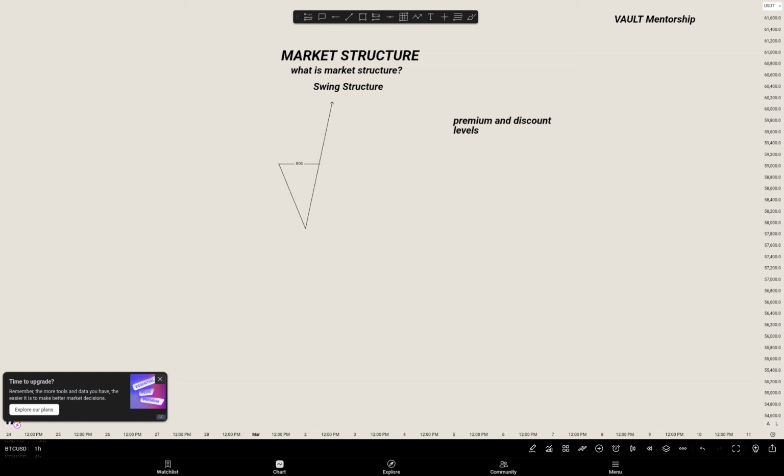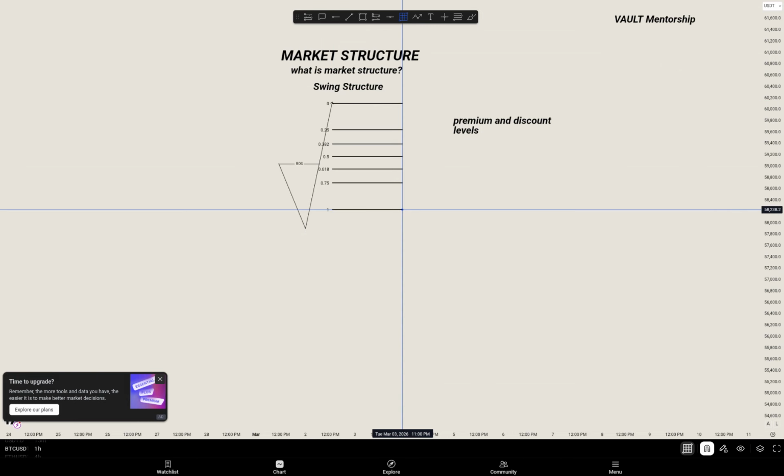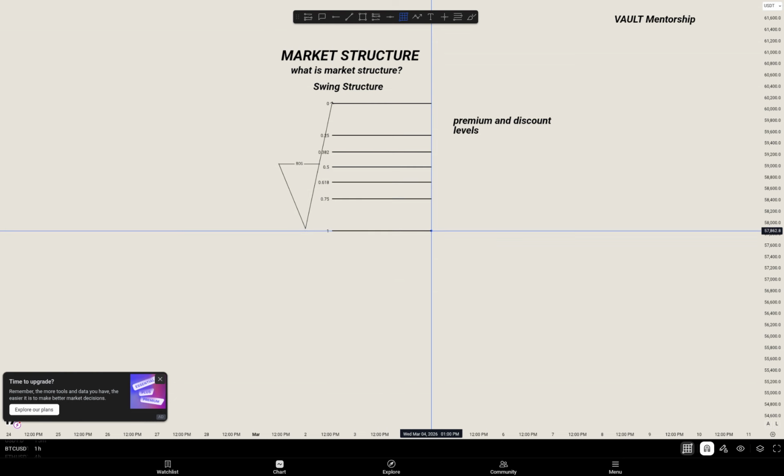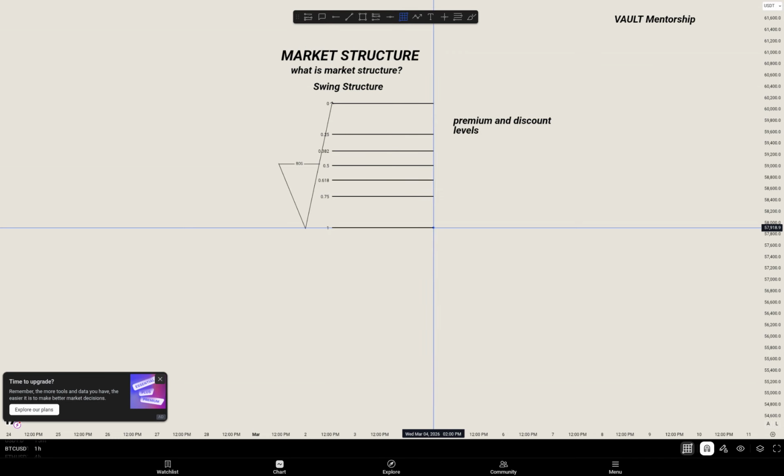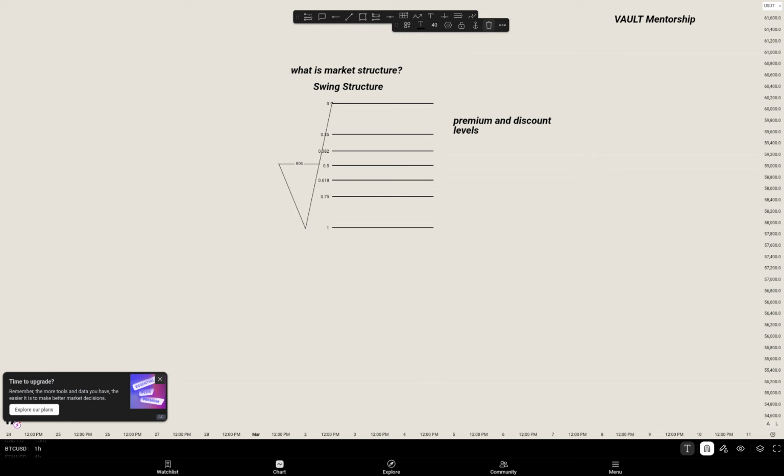Now, how do we identify our premium and discount levels? That's when you use your fib retracement tool. But I'll be using my box because I set it on my box already. From the high of your swing to the low of your swing, you just place your box like this. This is how you place your box.